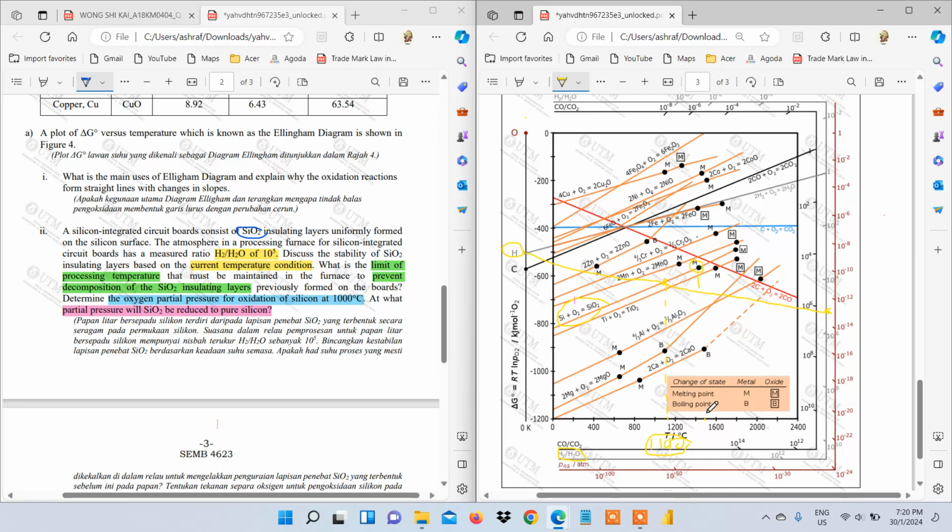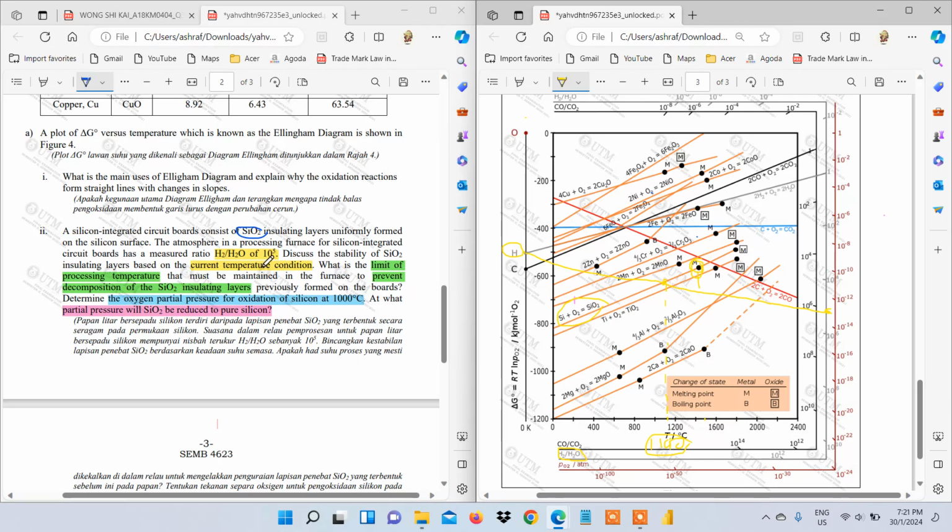And then we compare with our 1190, which is still within the range, not reaching our melting point yet. So we can say that the silicon oxide is still stable, because the temperature is still within the range of the melting temperature. So it is stable. We can say like that.